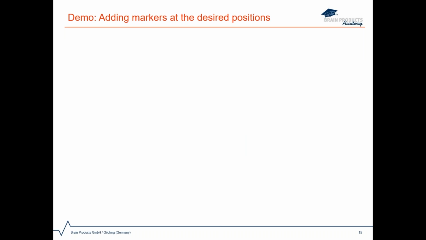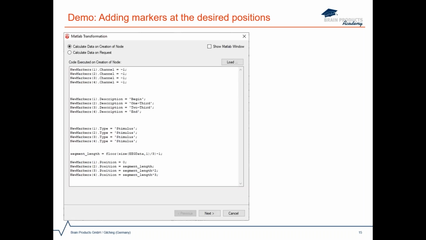So what kind of scripts would we need to prepare for adding the markers shown in the previous slide? Let me show you the code and some important concepts. Assuming that we want to separate the dataset into 3 equal blocks, what we need to do is add markers at the desired positions in the time axis of the dataset.